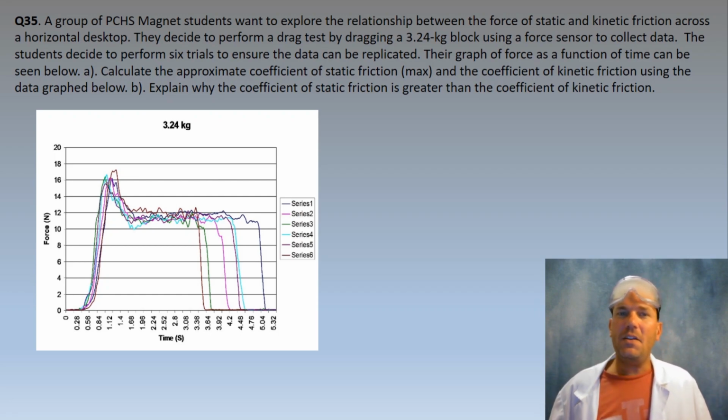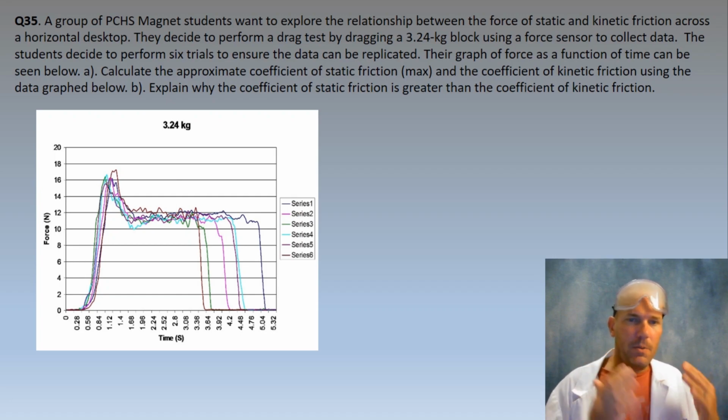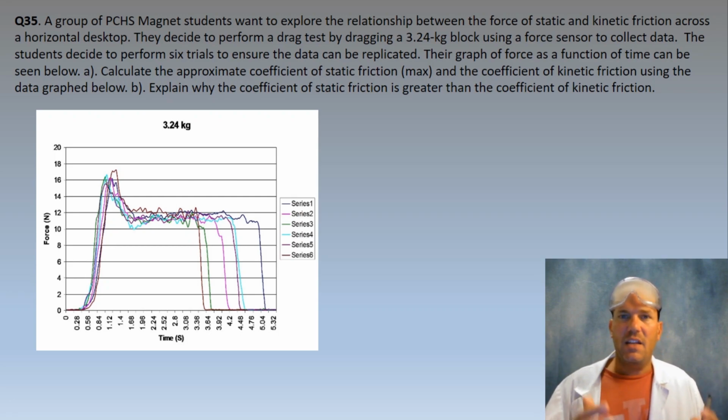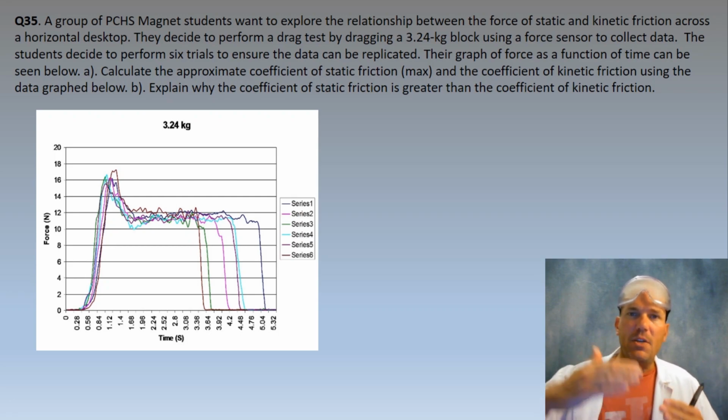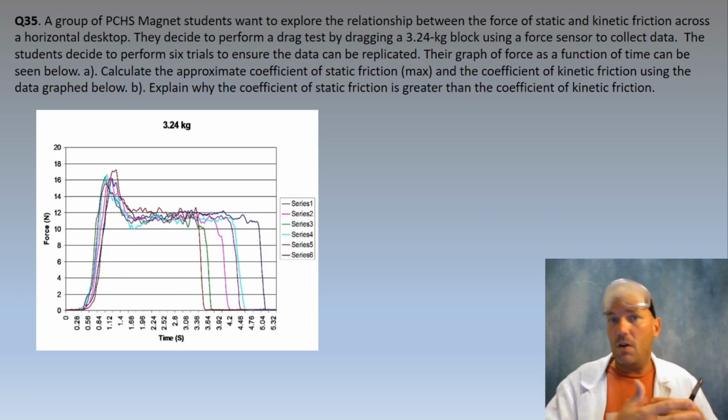Part A. Calculate the approximate coefficient of maximum static friction and calculate the coefficient of kinetic friction. Okay, so part 1, we're going to find the maximum static friction that must be overcome to set this object, in this case, to set the block into an acceleration off to the right.